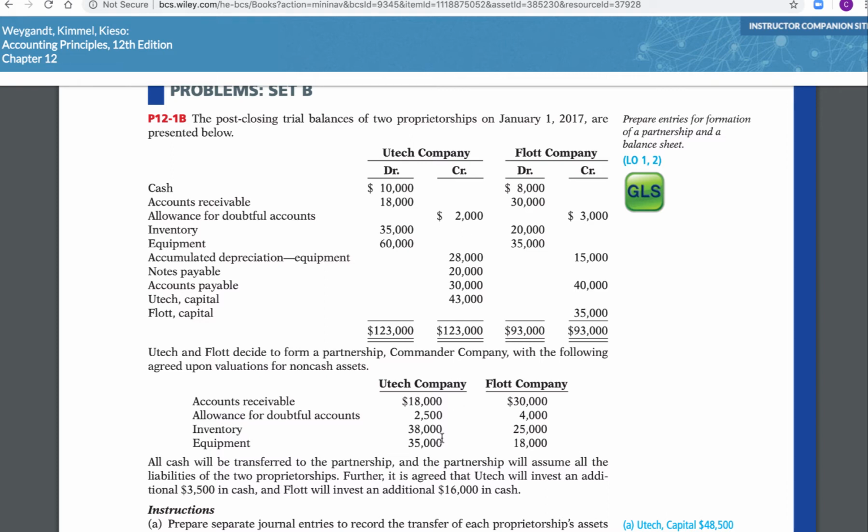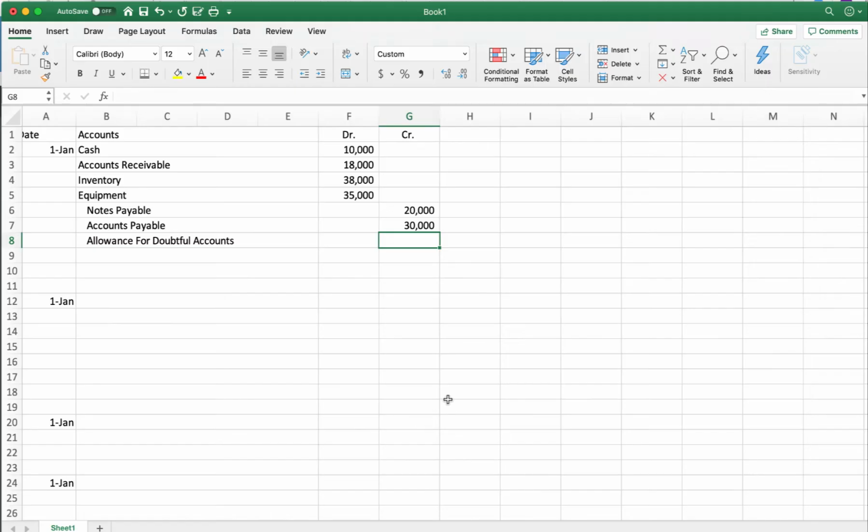Well, upon further analysis, as of January 1st, 2017, they estimated that allowance for doubtful accounts really shouldn't be 2 grand. It should probably be 2,500 because we estimate that 2,500 of this receivable is not going to be collected. So we're going to book that fair market value or that updated estimate of $2,500.